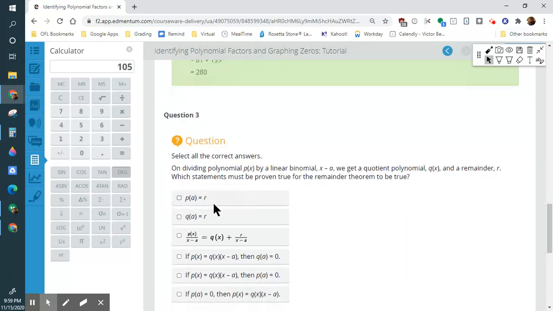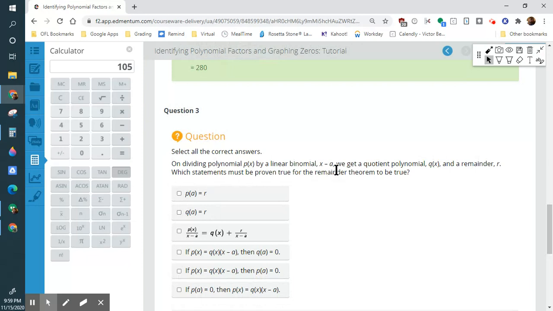All right. So if I did this by dividing, your remainder is R. Which statement shows this? So if I divide this out by dividing, we get the quotient Q and remainder R. So in other words, we're going to do P of X divided by X minus A. We get Q plus R over our divisor.